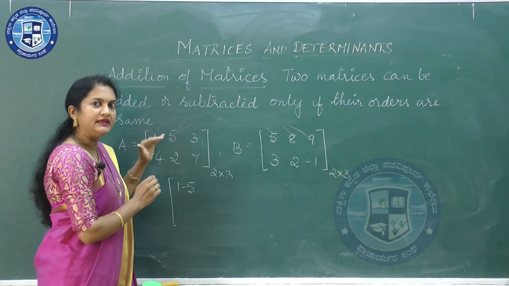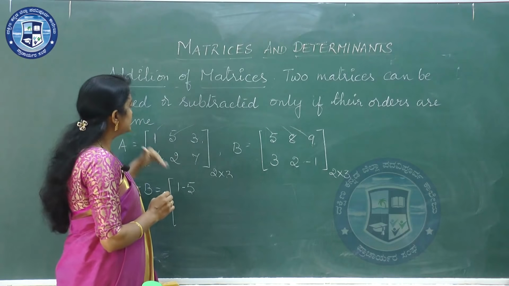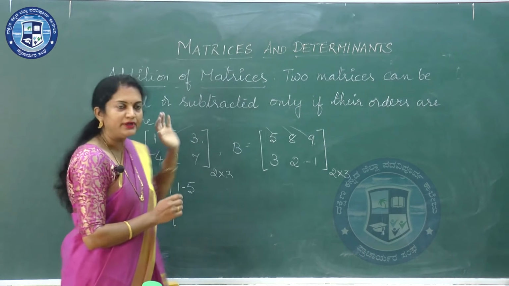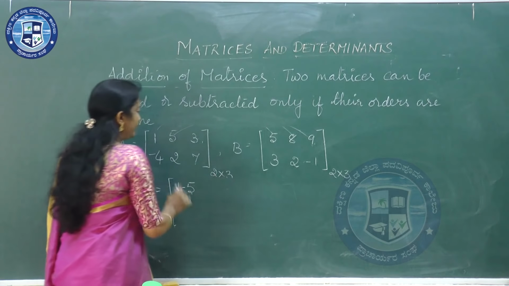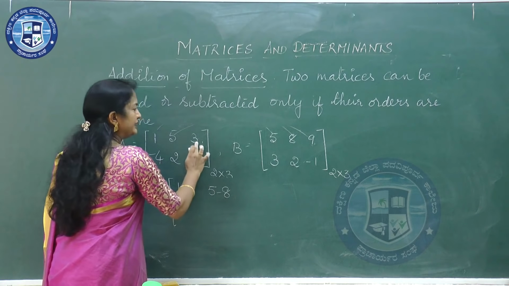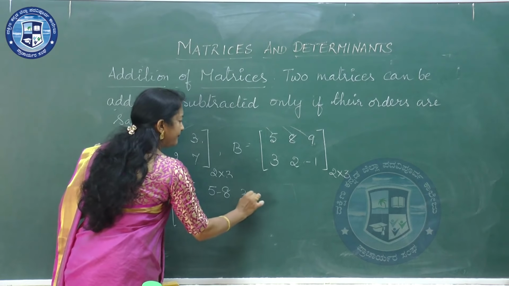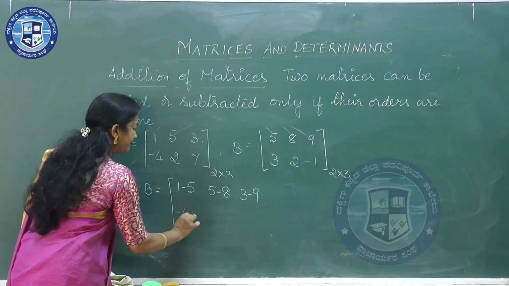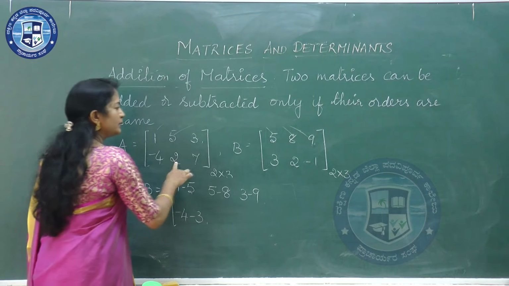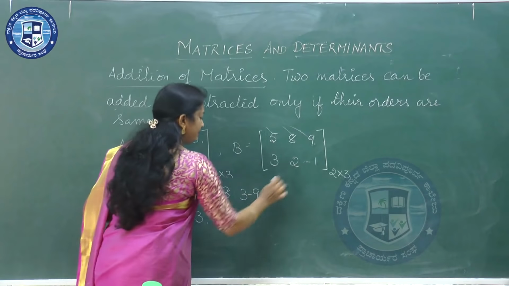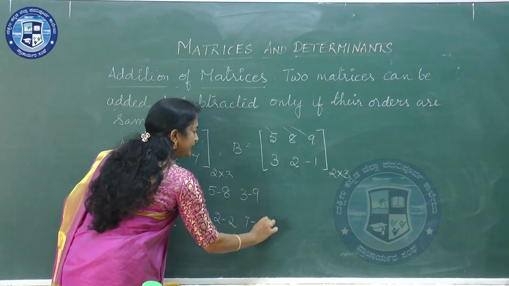We are subtracting B from A, so from the element of A, we subtract the element of B. 1 minus 5, 5 minus 8, 3 minus 9, minus 4 minus 3, 2 minus 2, 7 minus 1.